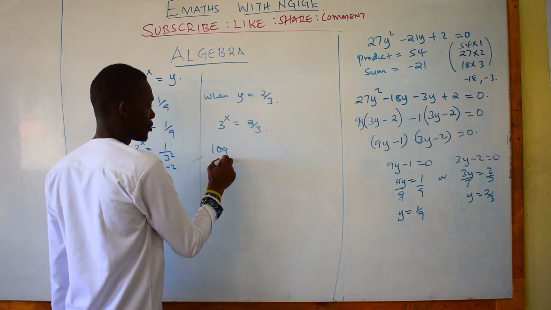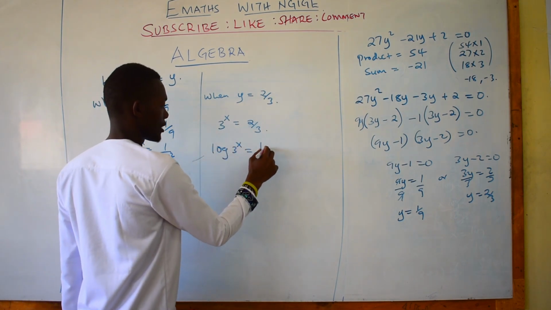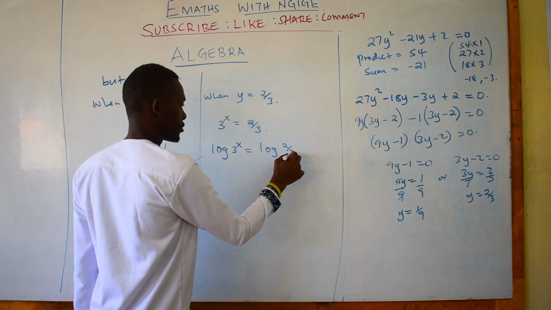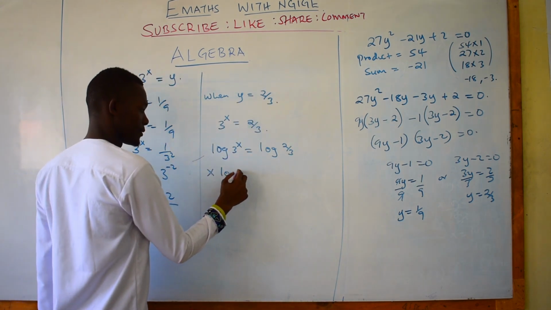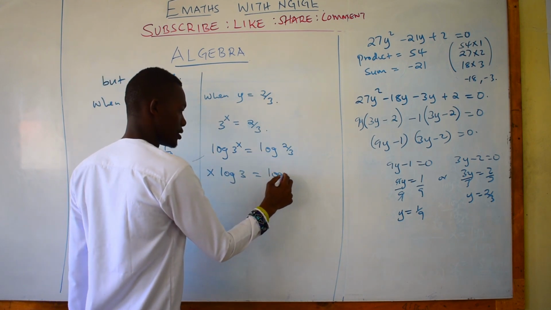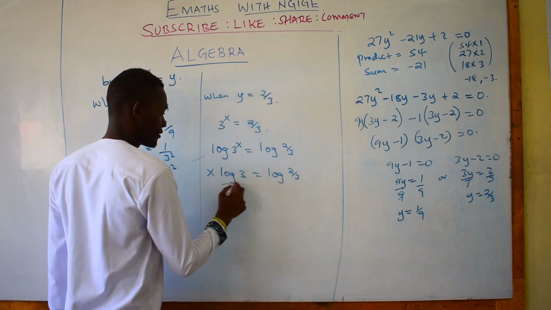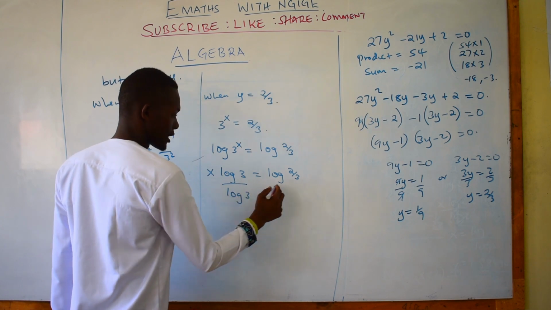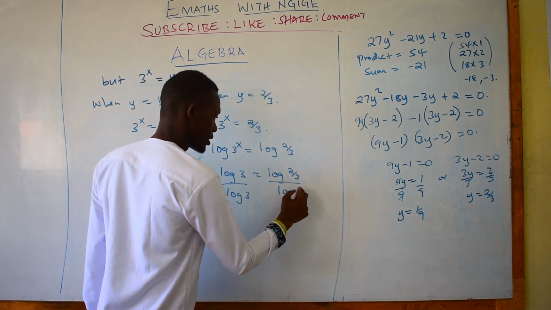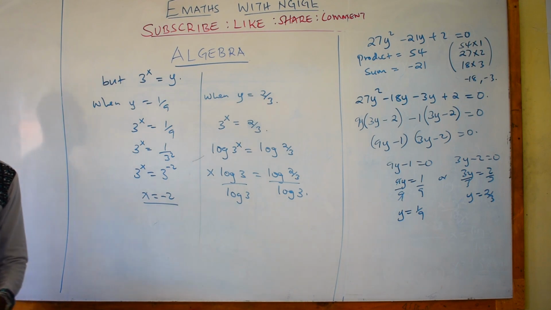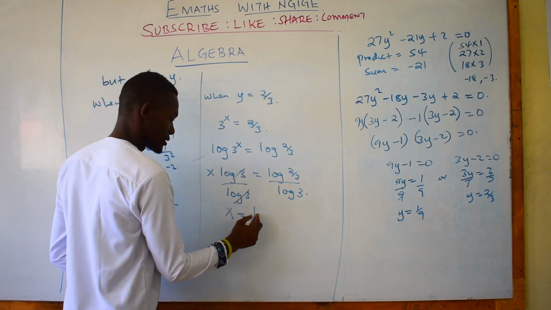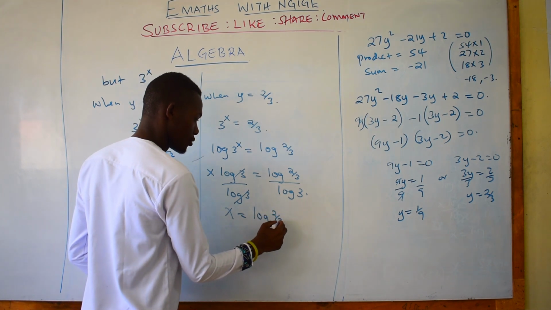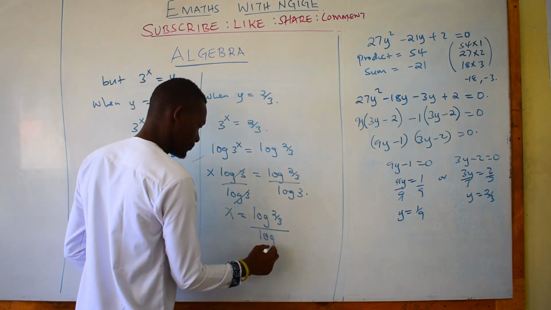So we have log of 3^x equals log of 2 over 3. Drop the power by the law of logarithms. So x log 3 = log(2/3). Then divide by the log of 3 on both sides. So x is given by the log of 2/3 over the log of 3.